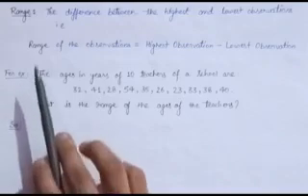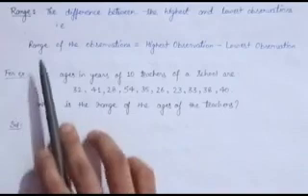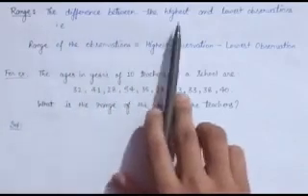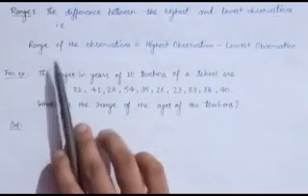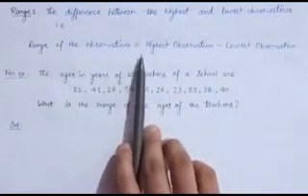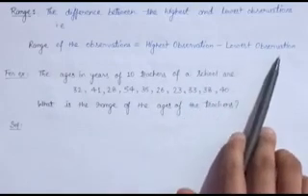Now students, let us understand what is the range of the observations. The range is the difference between the highest and lowest observation. That is, the range of the observations can be calculated as highest observation minus lowest observation.